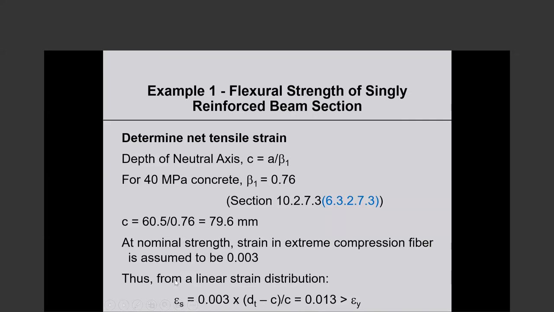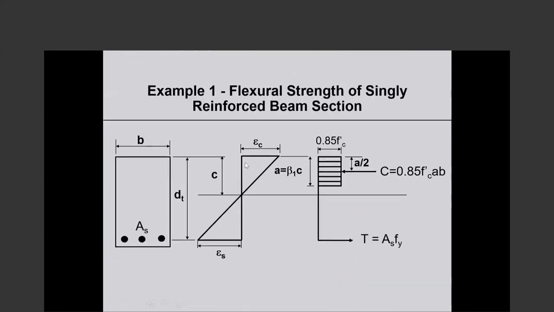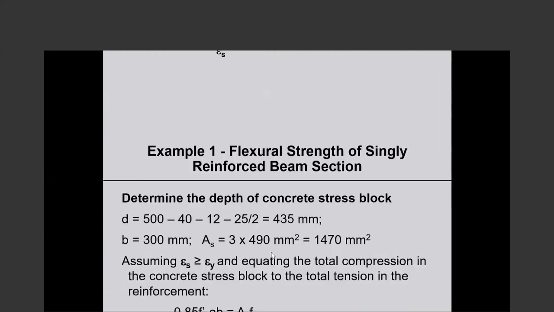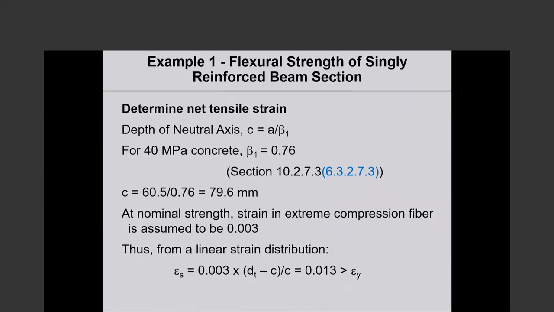Okay, so all we are doing is, if it is 0.003 here, what is the strain at the location of the centroid of the reinforcement? And that came out to 0.013, verifying that the tension reinforcement actually yields as we assumed in the first place.